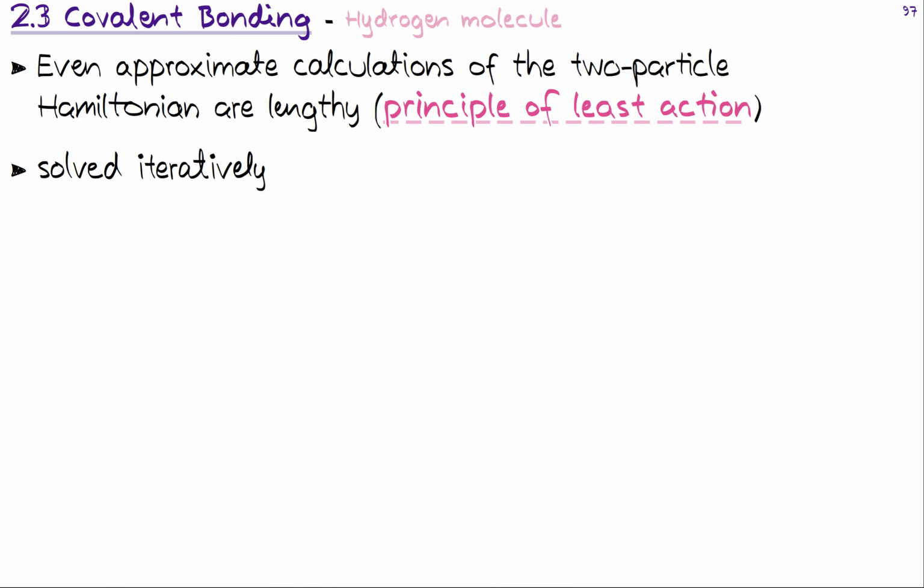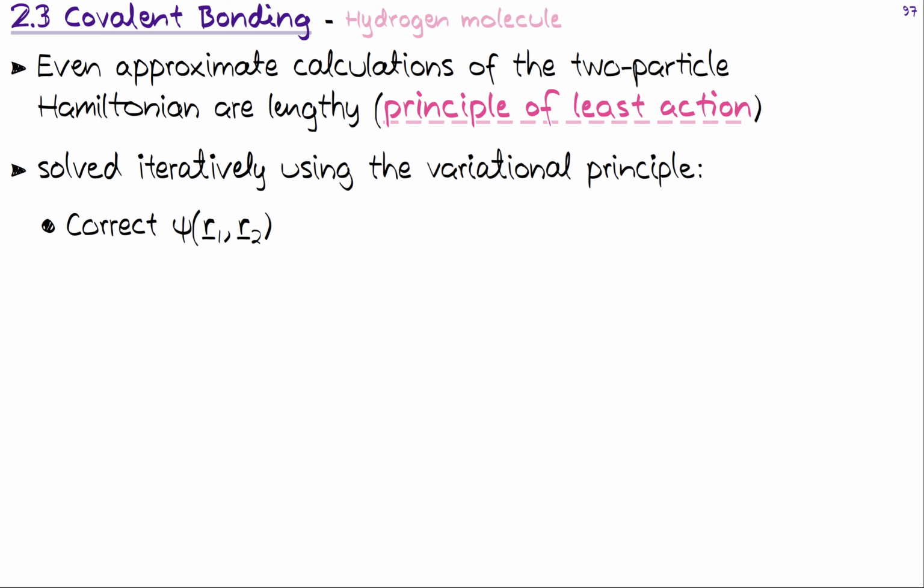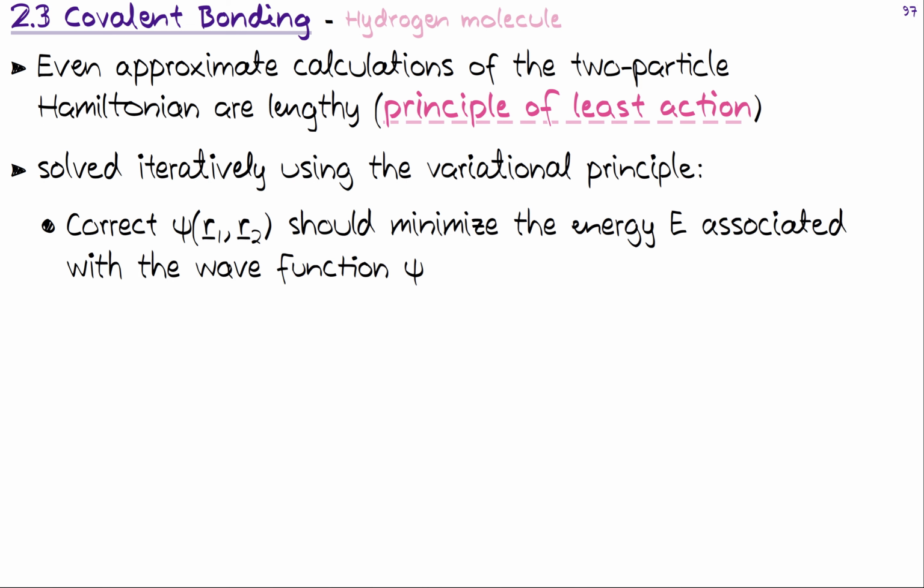So in practice, what we do is that we iteratively solve using a variational principle. We correct the psi that we are seeking, which should minimize the energy E that is associated with the wave function psi. So this is based on the energy minimization principle, and we are iteratively looking for the best approach.